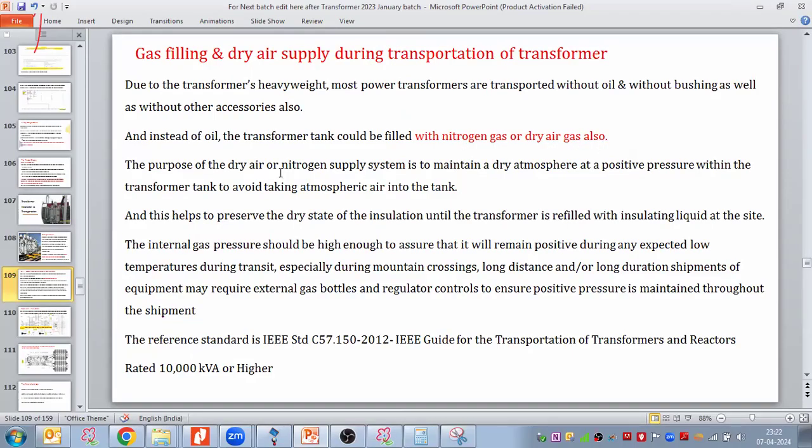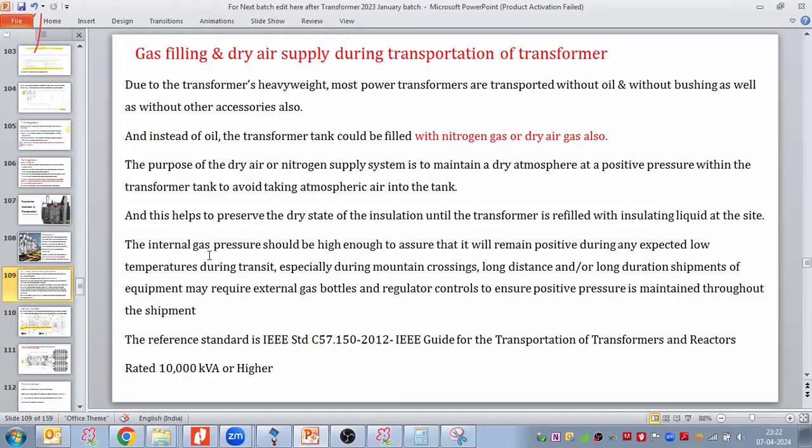The purpose of the dry air or nitrogen supply system is to maintain a dry atmosphere at a positive pressure within the transformer tank to avoid taking atmospheric air and moisture into the tank. And this helps to preserve the dry state of the insulation until the transformer is refilled with the insulating liquid at the site.